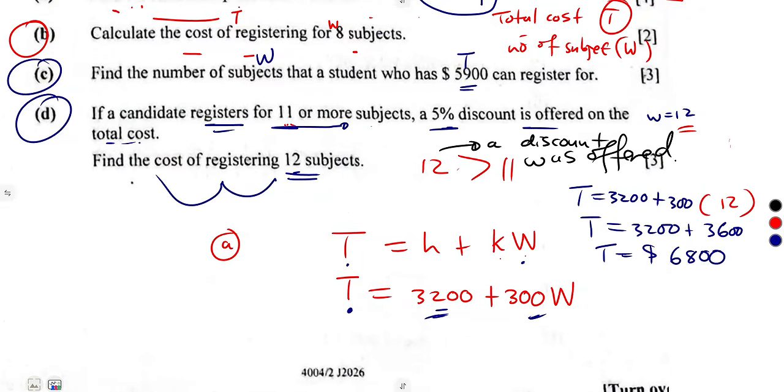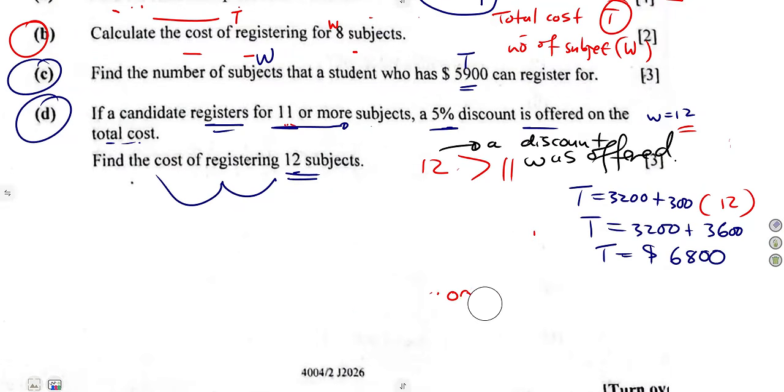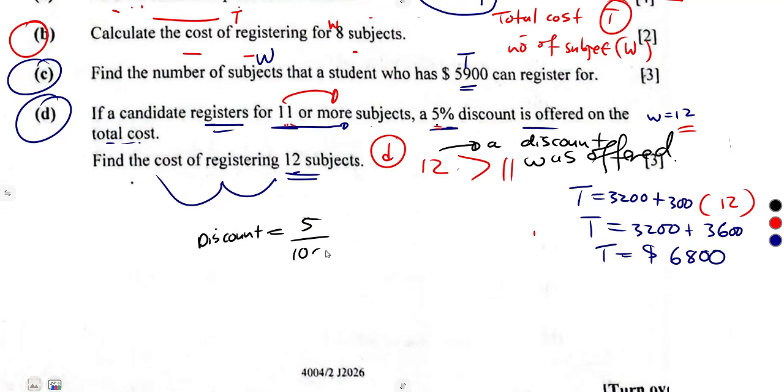So a discount was offered, guys, for any part that is 11 or more. A discount of 5% was offered. So what was the discount? Because here 12 subjects, they are more than 11. So definitely there was a discount, 5 over 100 on the total cost. So you multiply it by the total cost of 6,800 to obtain the discount, which is going to give you $340.